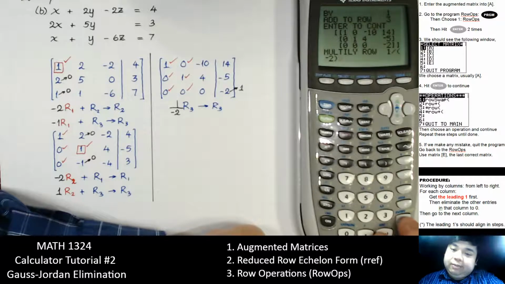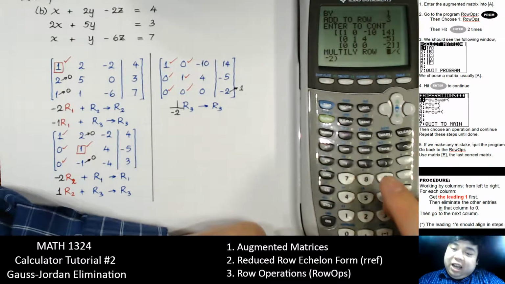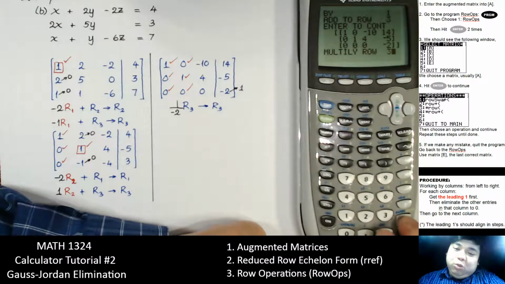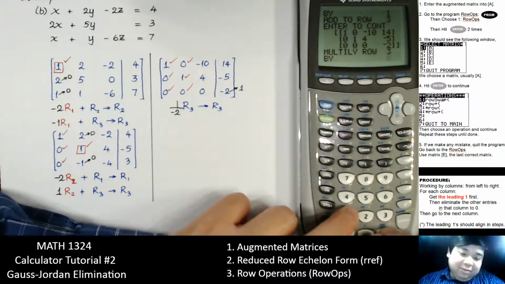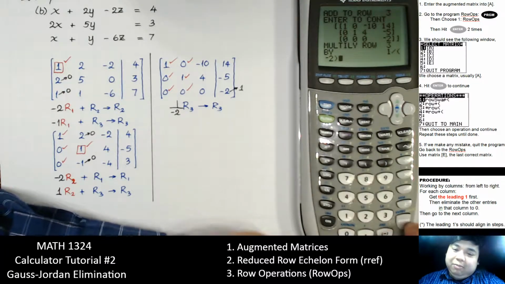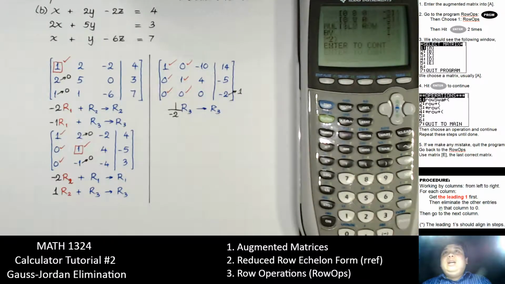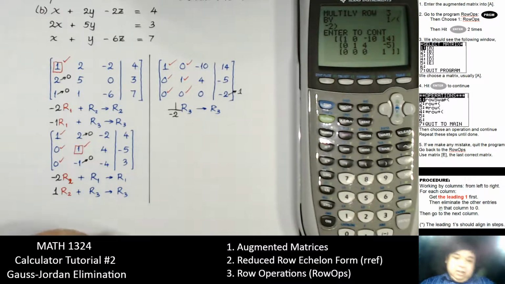Yeah, that's it. I'm sorry, glad we did not hit enter. Multiply row 3 by 1 divided by -2. Alright, that. Row 3 multiplied by -1/2. And we have that.